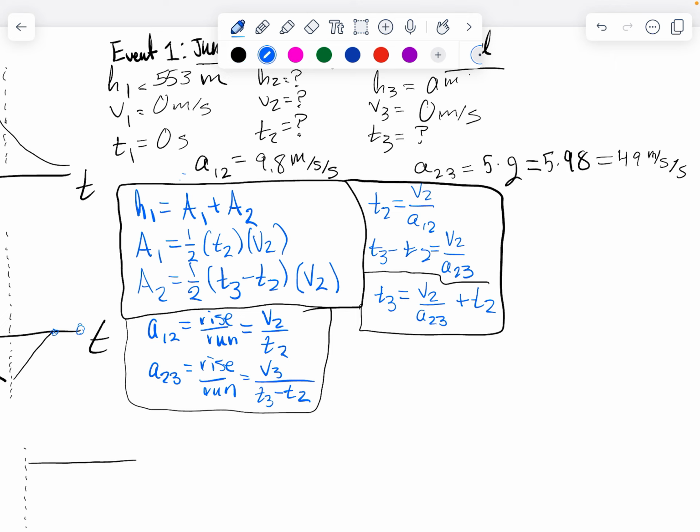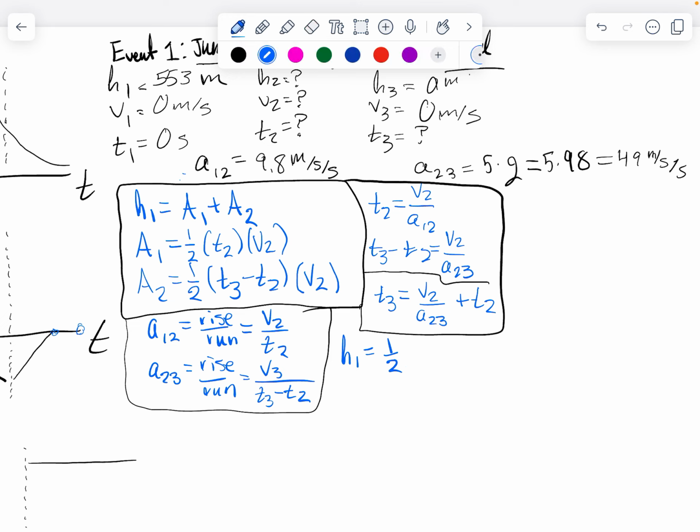So we got H1 equals 1/2 times V2 A12. Well, to display it better, I'm not going to write that immediately.